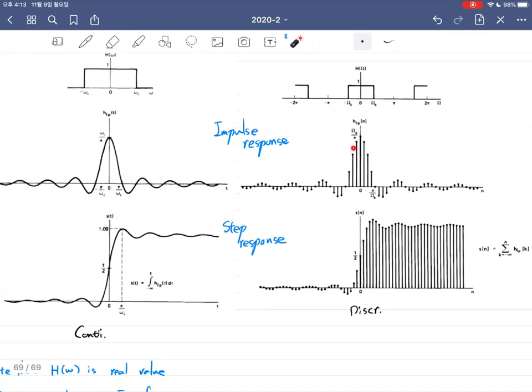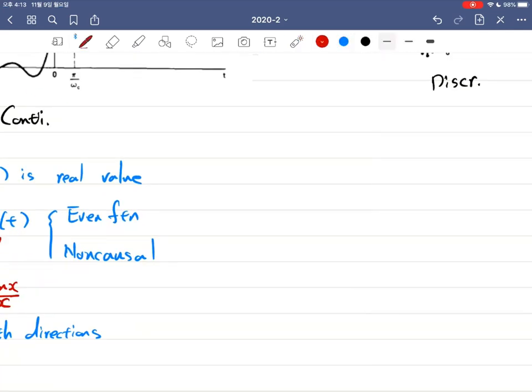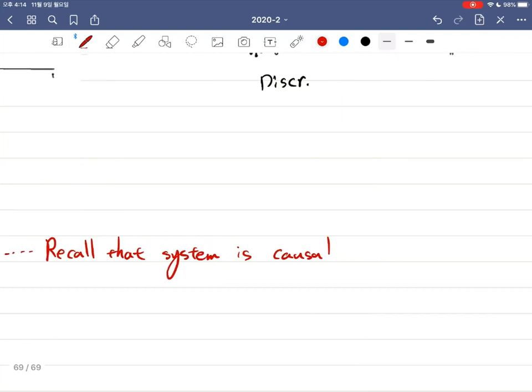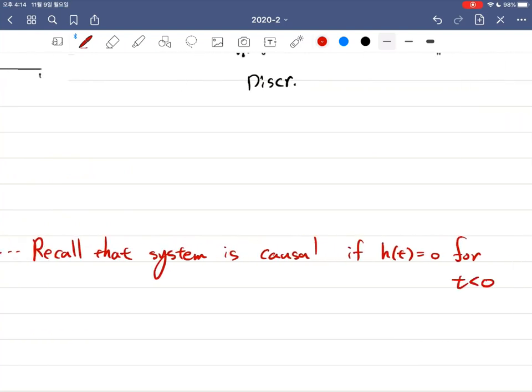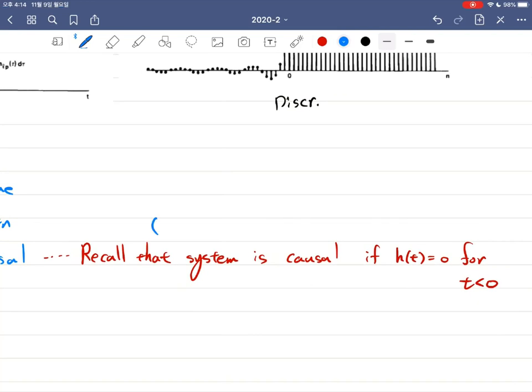Recall that the system is causal if the impulse response is 0 for negative t, remember? We pointed this out in chapter 4, I guess.